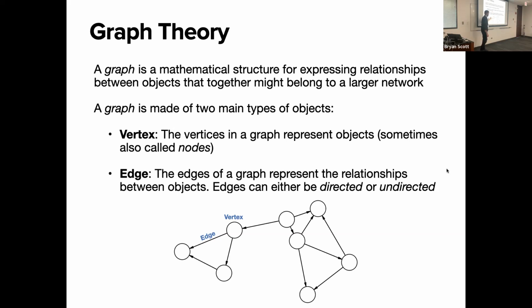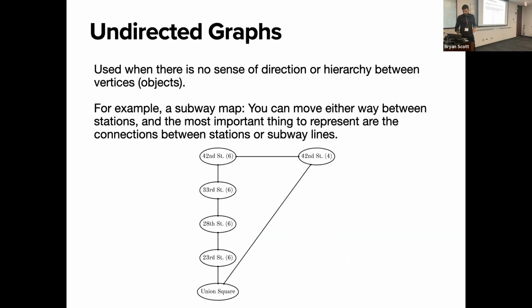And as we'll see in a minute, these edges can either be directed or undirected. So they can either be a line where there's symmetry between the two objects, or they can have a directionality to them. So maybe this object depends on this object. I'm not going to talk a lot about undirected graphs because I think in a probabilistic context, we're going to mostly think about directed graphs.